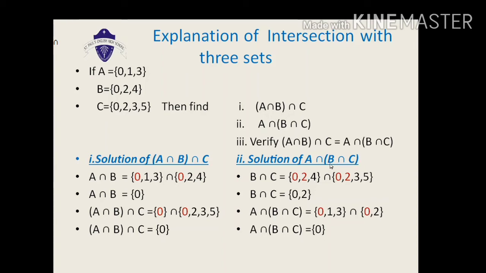According to the method, first find B ∩ C, then the intersection of the resulting set with A. So B ∩ C is equal to members of set B intersection members of set C. So the intersection of the resulting set is equal to {0, 2}, because only the two members are common between set B and C. In the third step, we will solve the intersection of the resulting set with A, that is members of the set A intersection members of the set B ∩ C. So in the final step, the intersection of all the three sets is equal to {0}.